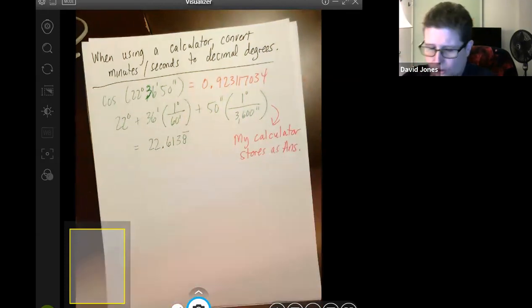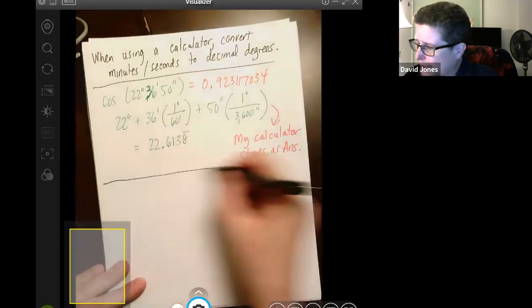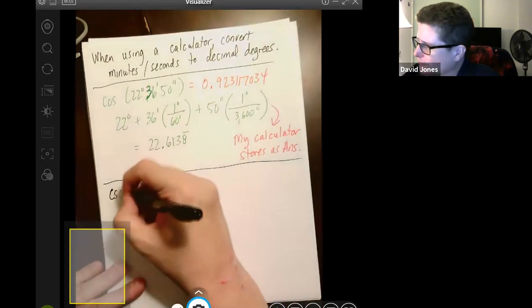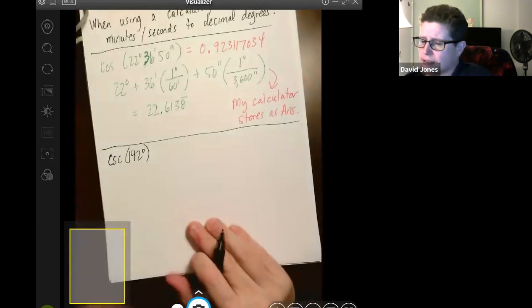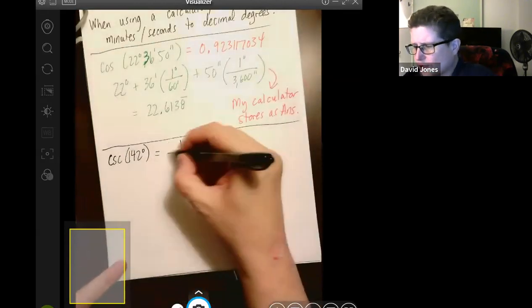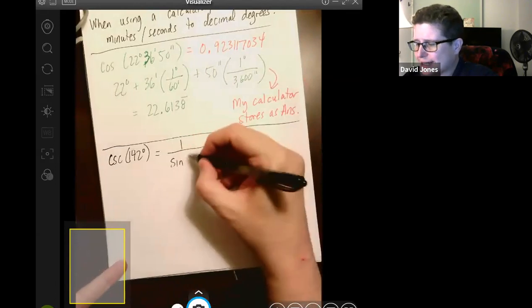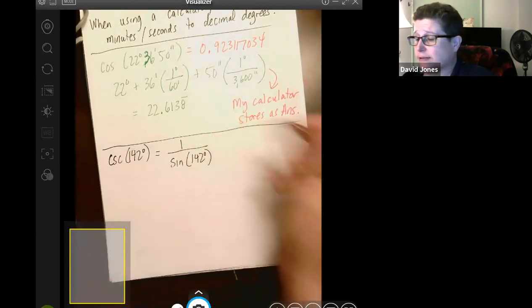Speaking of the weird ones, the ones we don't like. Cosecant of 142 degrees. You have to recognize this is 1 over sine of 142 degrees.